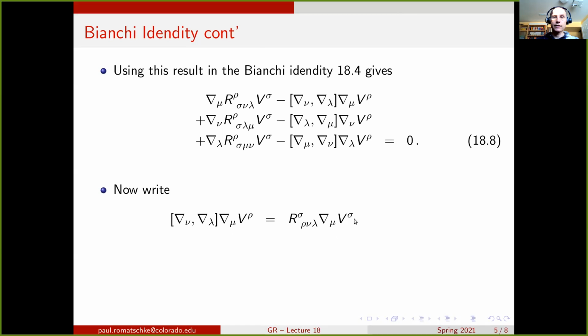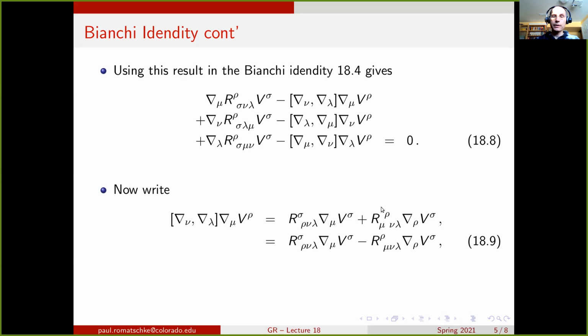So rho is the index that appeared in here, and I must have done something wrong here. So clearly the rho must be at a different position than appearing in this expression. But the second term is presumably the right one, where this acts on the covariant derivative with a mu downstairs. So that gives us, instead of a rho here, the mu downstairs. So the second expression is correct here.